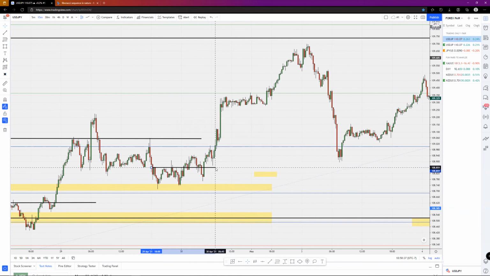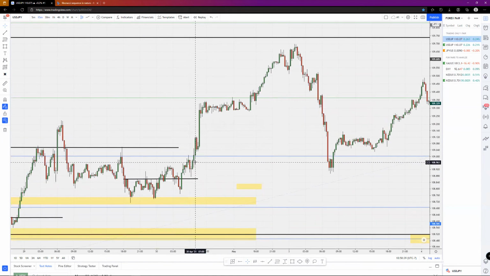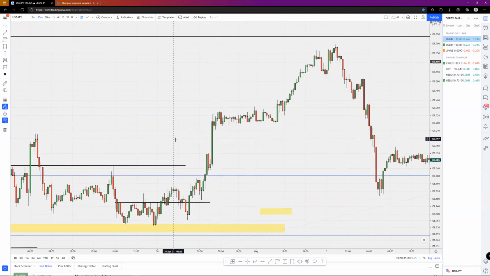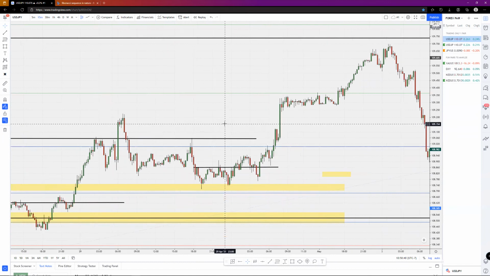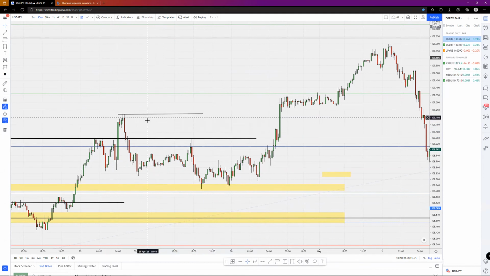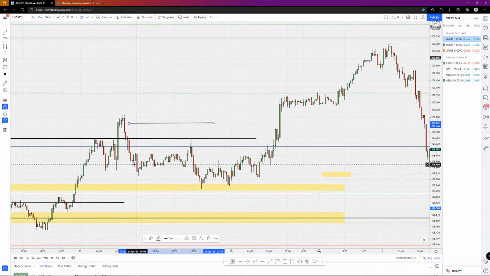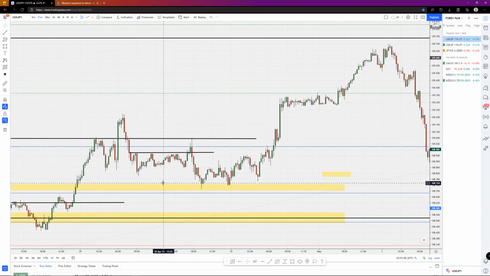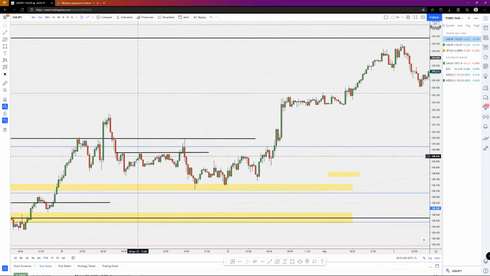Another cool thing I use these random lines for, rather than just finding support and resistance, is that I'm following the trend in a way. When I put it up here, I want to see a certain break. We didn't get it. So once market structure is found in a lower time frame, I'm moving it down to follow along with the trend.